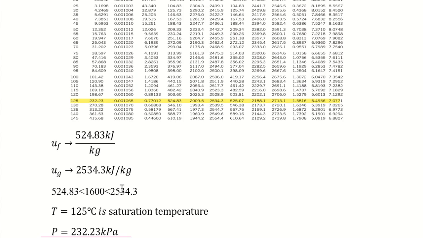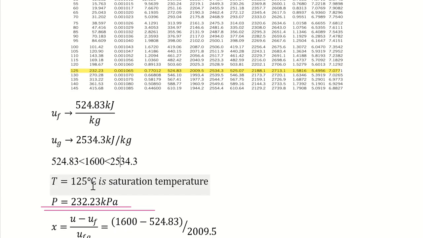So the first description is a saturated two-phase liquid-vapor mixture. The temperature is this, and it's the saturation temperature. So you just copy the pressure that corresponds with the temperature, and it's right here, 232.23 kilopascals.